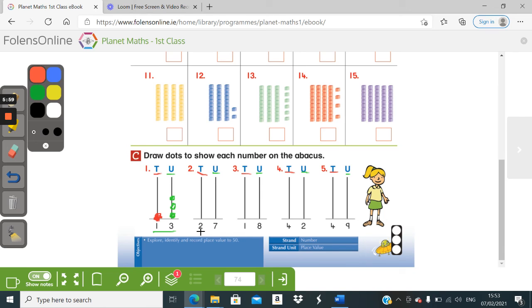Number 2, a 2 and a 7, 2 tens. I'll put my 2 red beads there for my 2 tens. And 7 units. Drawing my 7 greens. 2, 3, 4, 5, 6. Try and get one up there. 7.